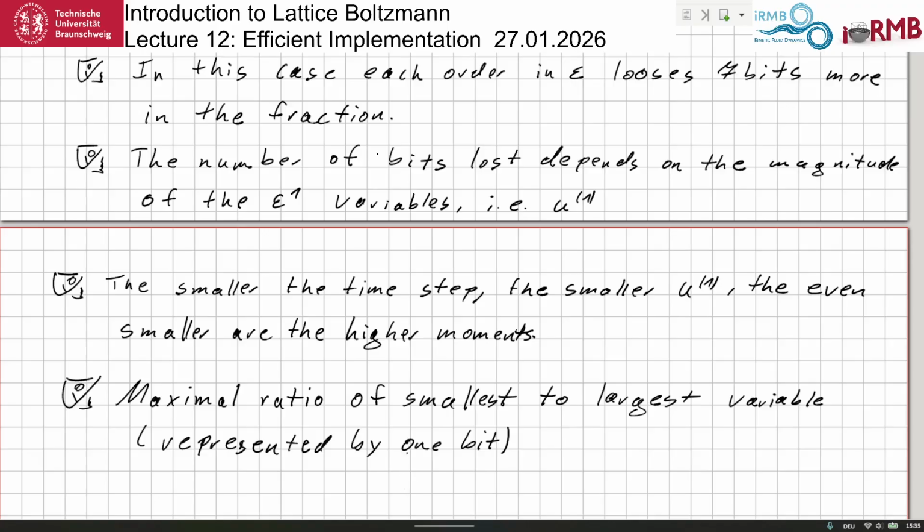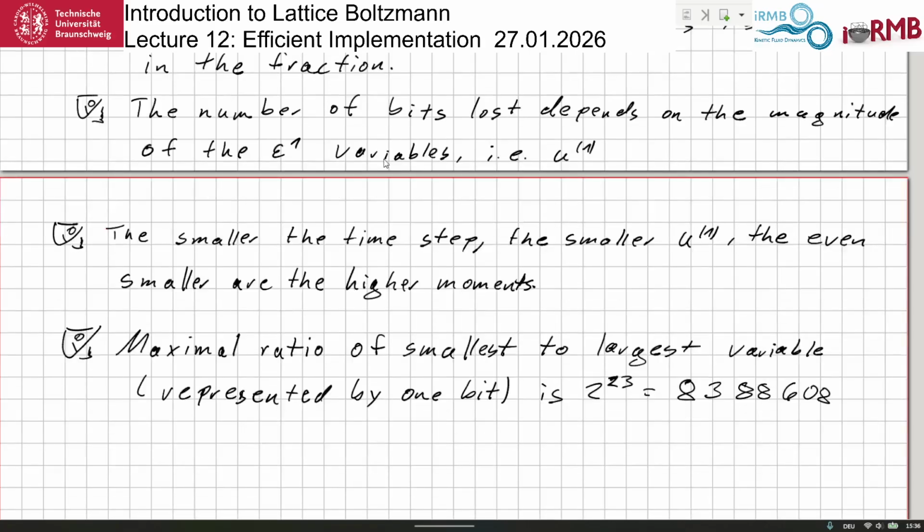But this would be 2 to the power of 23, obviously, which is not that terribly large. It's just 8 million. So you see, the largest thing in this is 8,388,608, which means that the smallest thing can only be 8 million times smaller than the largest thing that you have in the same variable here.